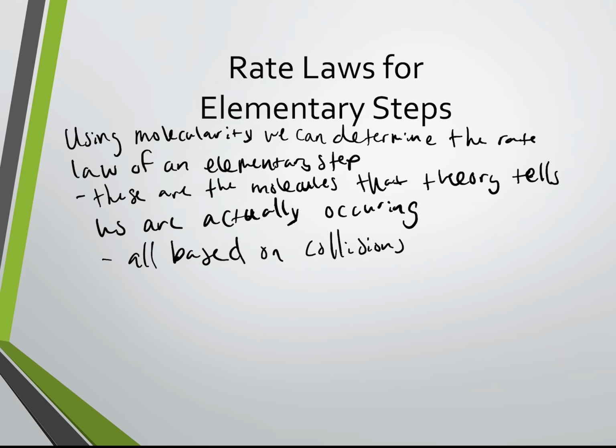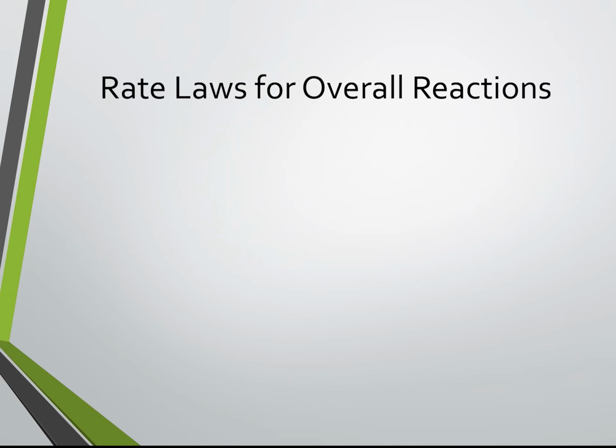Okay, now we can take our rate laws from our elementary steps and actually use them to determine our overall reaction's rate law. So to do this, we first have to figure out which elementary step is our slowest.